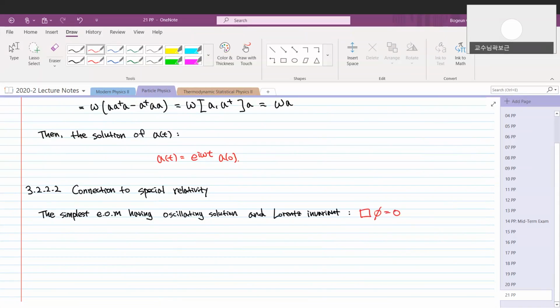According to the definition of the d'Alembertian, the d'Alembertian of phi equals partial t squared minus Laplacian acting on the scalar field, which depends on time and spatial coordinates, equal to 0.